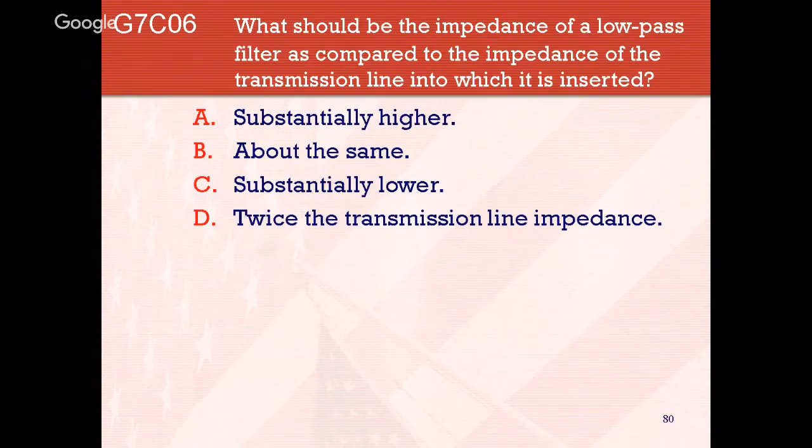So, what should be the impedance of a low pass filter as compared to the impedance of the transmission line into which it is inserted? For the low pass filter, you've got to think about the HF bands as being the lower RF spectrum, as it were. And this is why, if you're troubleshooting interference on a TV, let's say, TV frequencies, of course, are a lot higher than your HF frequencies.